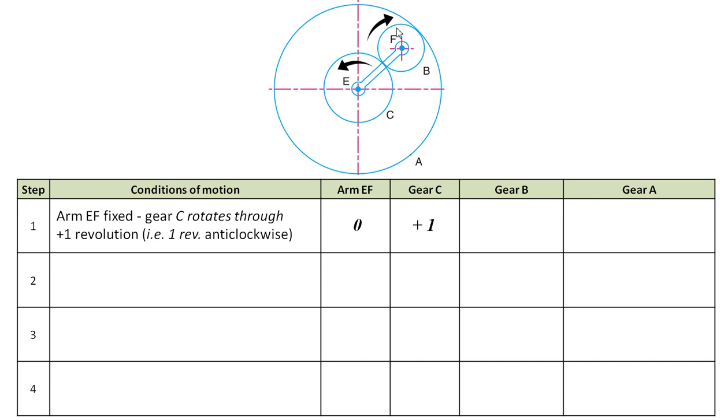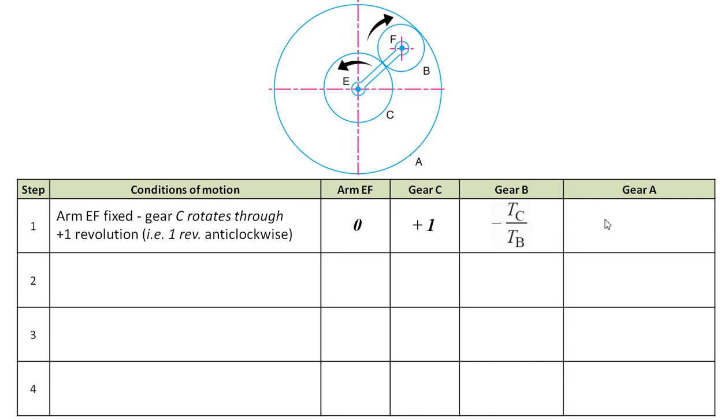It will have rotation in opposite direction. Therefore the rotation for gear B will carry a minus sign as per our sign conventions and it will be equal to minus TC divided by TB. Number of teeth on C divided by number of teeth on B.